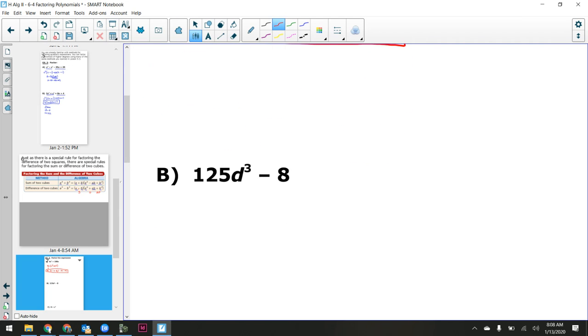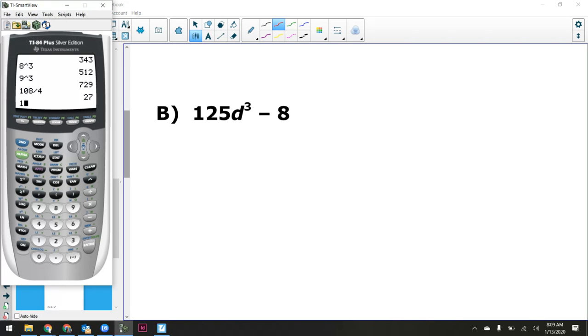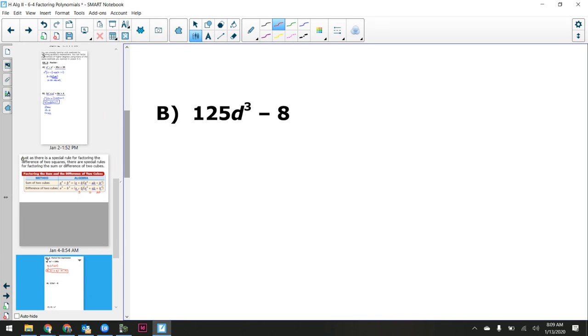Okay, let's do this one. 125d to the third minus 8. Now, let's check to see if 125 is divisible by 8. Nope. So no GCF. How dare you? So let's see, is 125 a perfect cube?